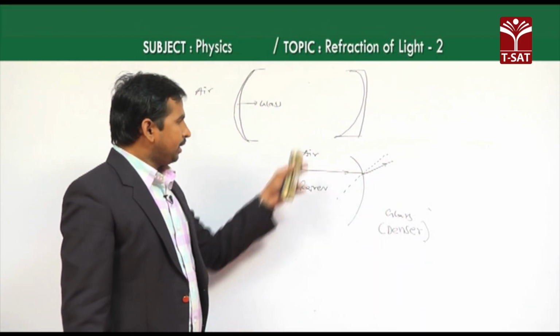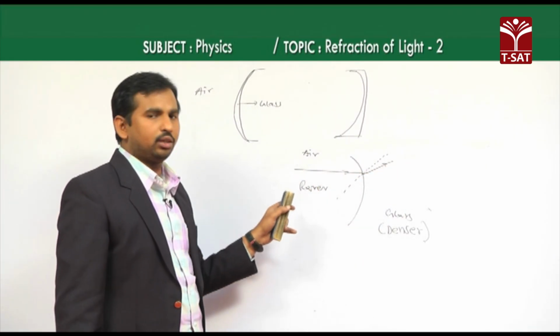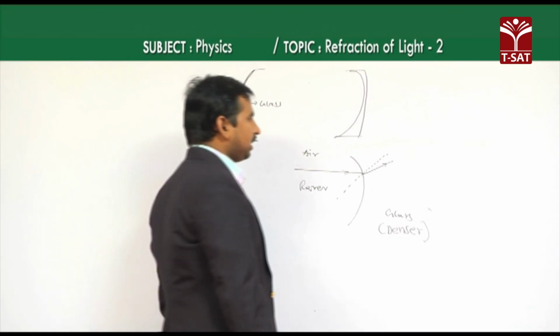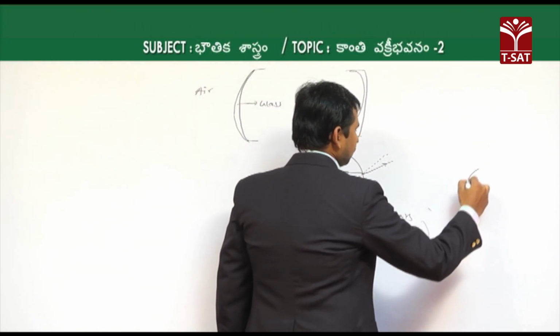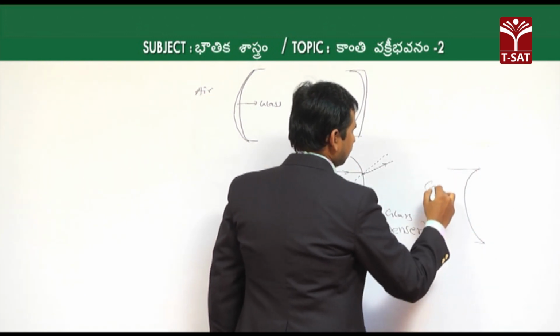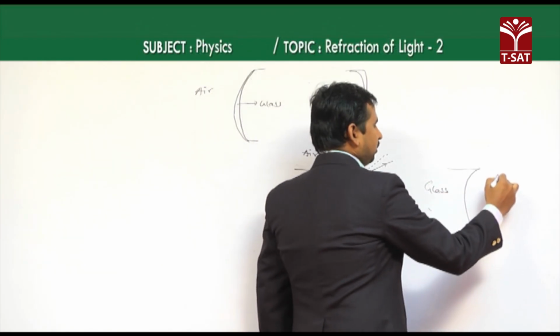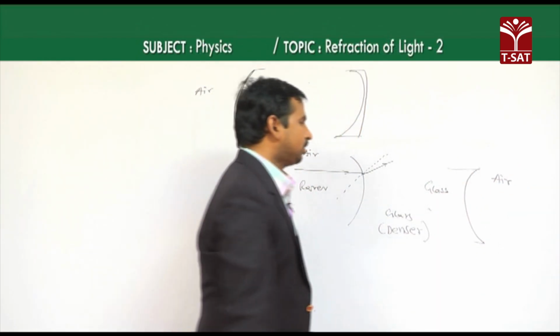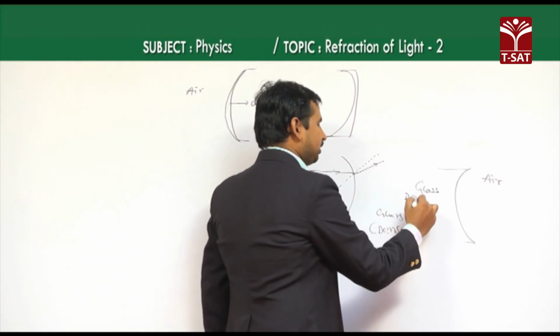Okay. Now if the light ray starts from the glass and goes back into the air, then how it takes place is like this. Let us suppose this is the glass, and here it is coming back to the air, which is a rarer medium, and this is the denser medium.